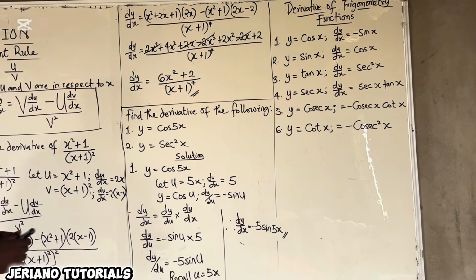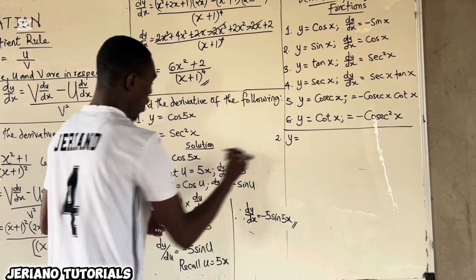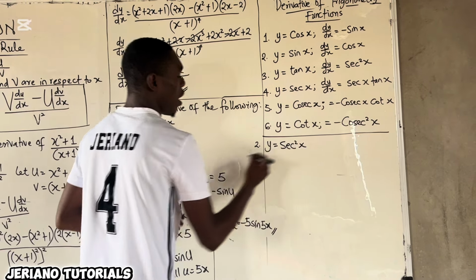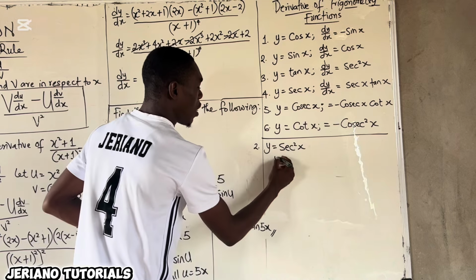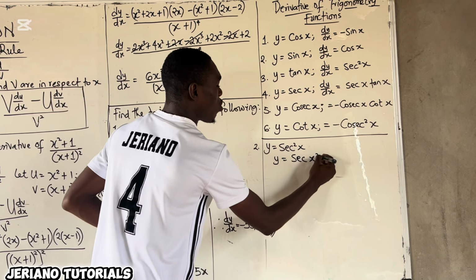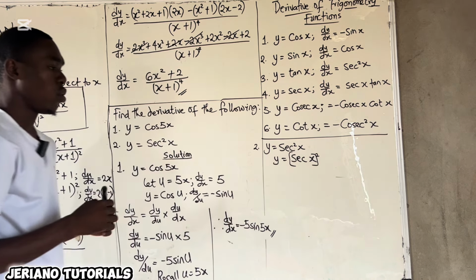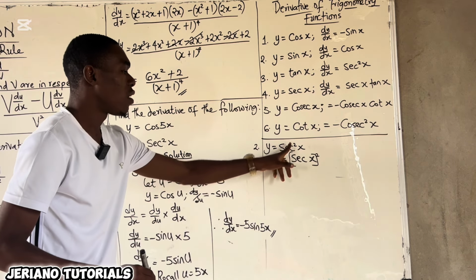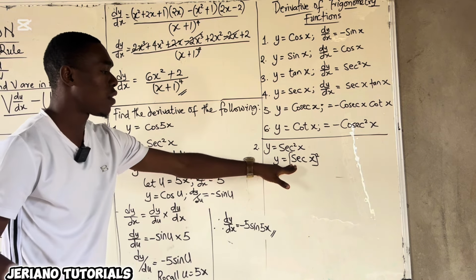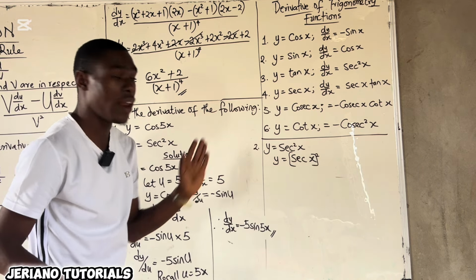If we are to find the second one, y is equated to sec square x. Now this thing is also sec x square. That is what this thing is referring to. When you punch your calculator and you're having sec square x, when you do that, you'll find out that it will give you syntax error if you type it directly like this.